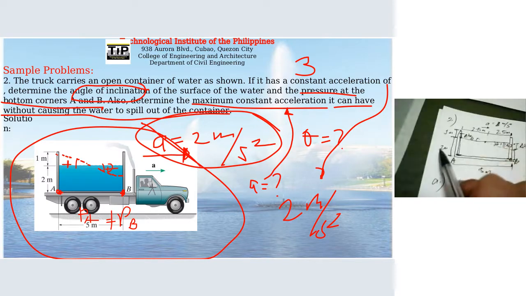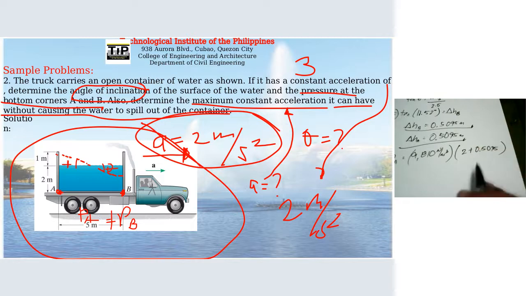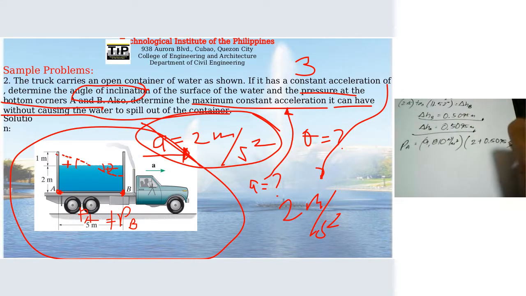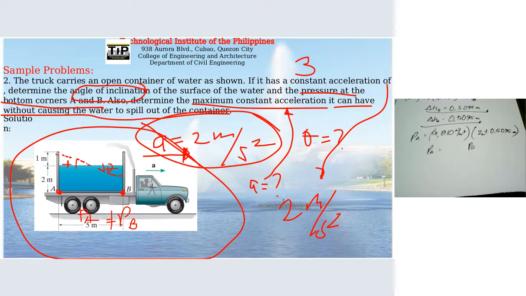So we have a height na 2 meters plus delta H sub A. So ilan po yung pressure in Pascal?